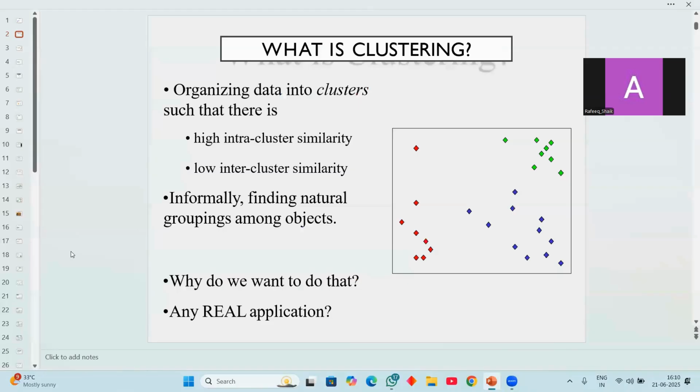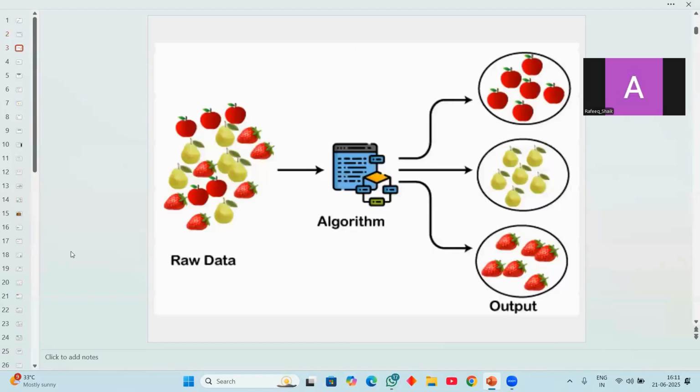For the next thing, clustering is nothing but organizing data into clusters such that there is high intra-cluster similarity and low inter-cluster similarity. Informally, find natural grouping amongst the objects. Why do you want to do that?